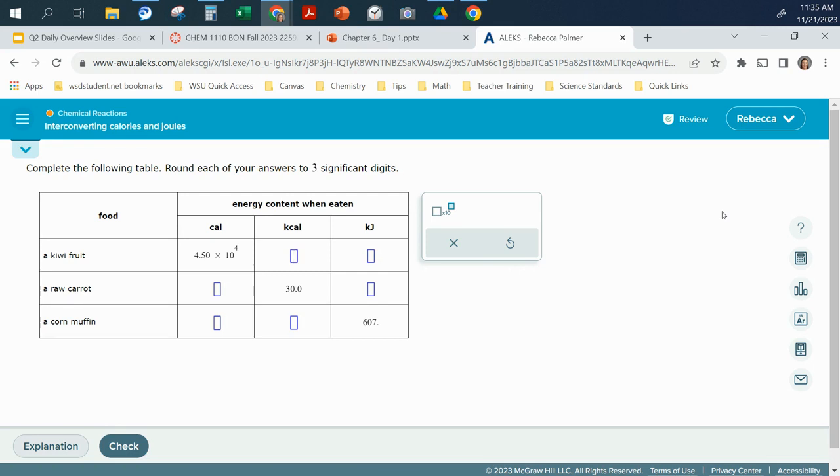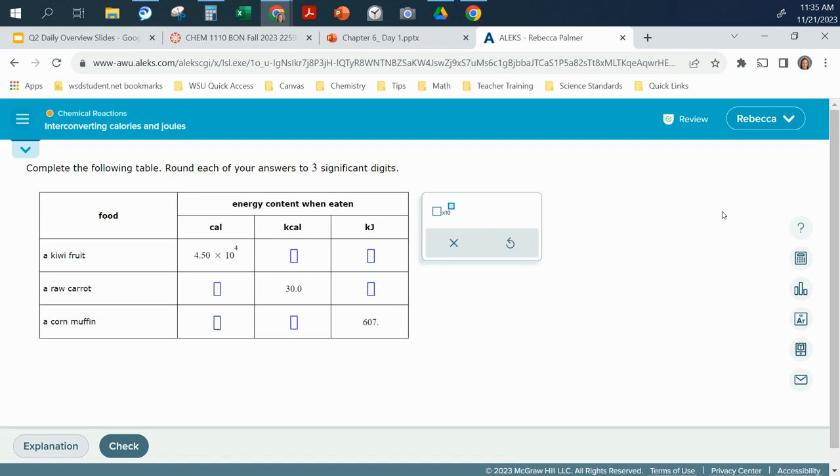So we're going to put the unit conversion of kilocalories on the top. So 1 kilocalorie for 4.184 kilojoules. Oh, what are we doing? This is calories. I'm just doing the wrong unit conversion. There you go, 1,000 calories.